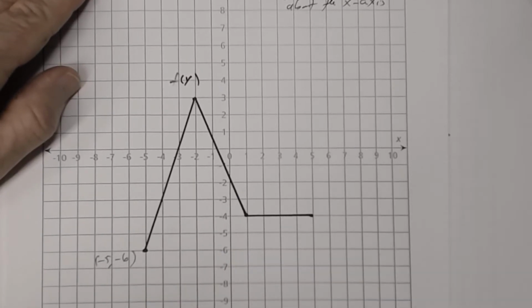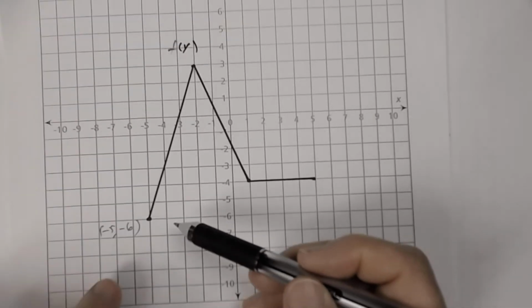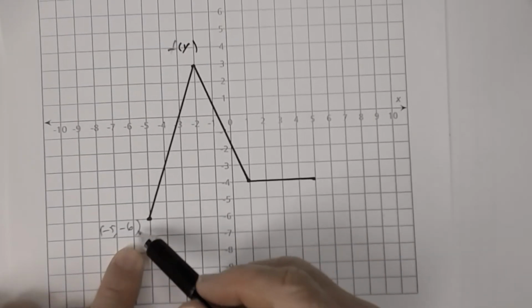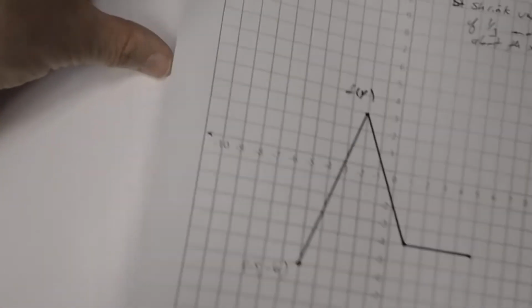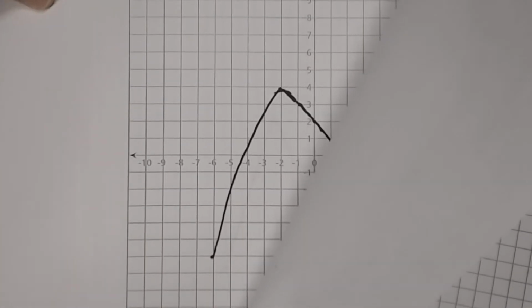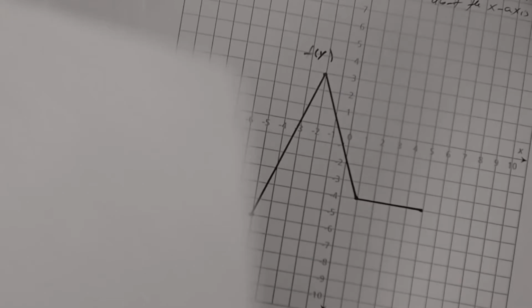Okay, so watch what happens. If I take that y-coordinate and multiply by a third, what's happening is this. If you need to do it on a sheet of paper, do it on a sheet of paper.